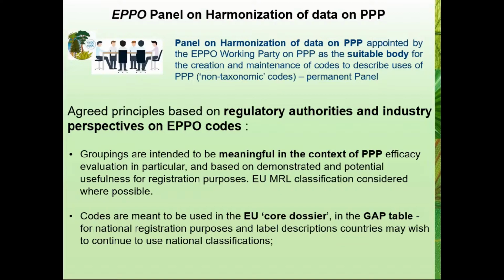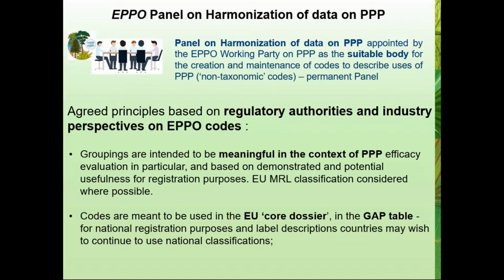One of the first principles is that groupings are intended to be meaningful in the context of plant protection products, in particular on efficacy evaluation, which is the focus of the work of EPPO. And they have to be based on demonstrated and potential usefulness for registration purposes.